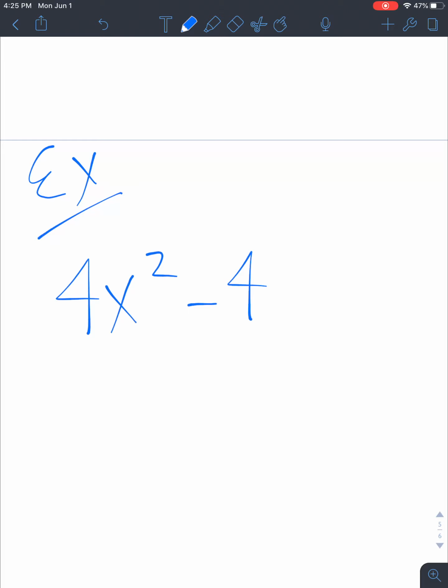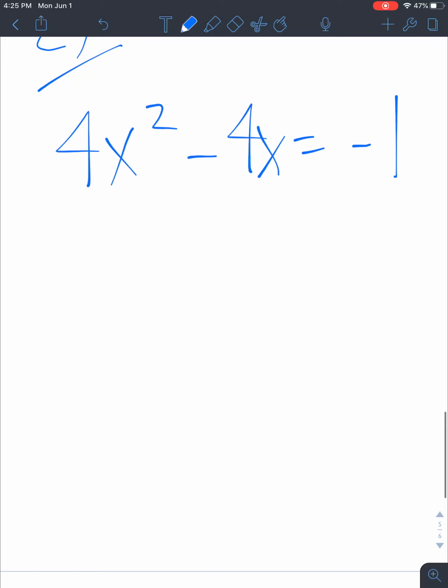Let's have you try out 4x squared minus 4x equals -1. All right, go ahead and try that out. So you should have gotten, hopefully you remembered to bring that -1 over, make it a +1, set it equal to 0.